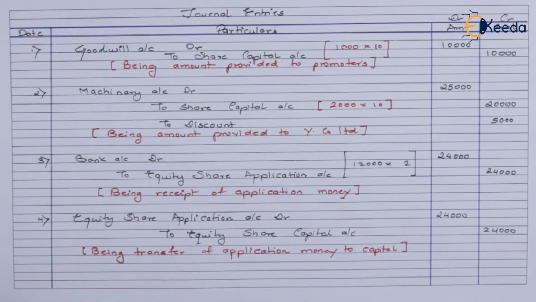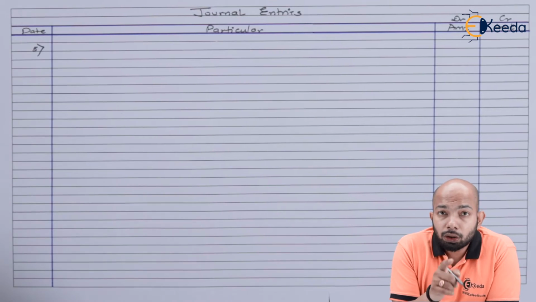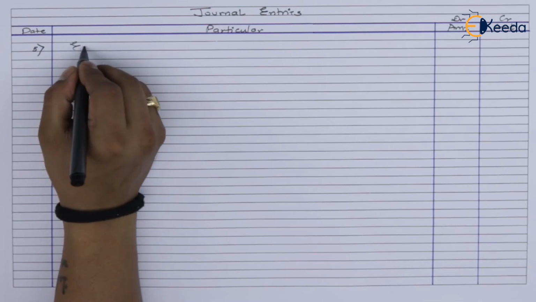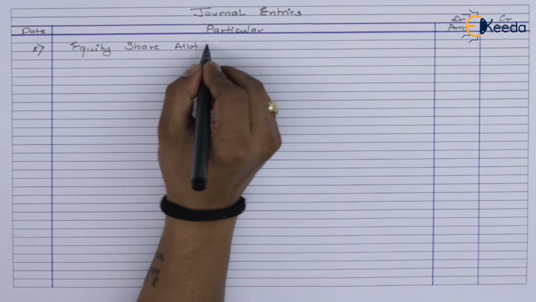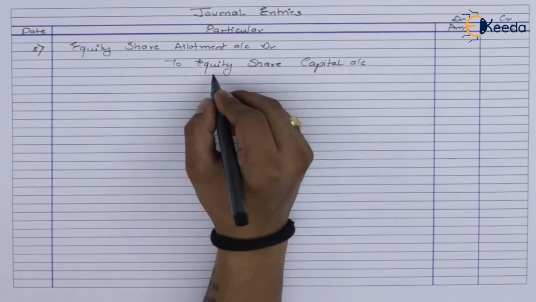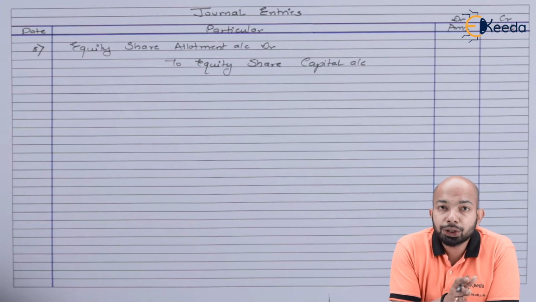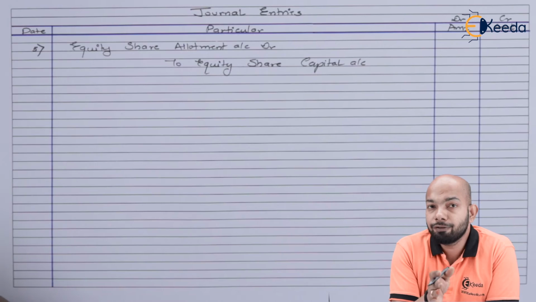Now, with these entries being passed here, the next entry that we have to prepare refers to the allotment due and allotment receipt. So the entry that we're going to pass right now is allotment due entry. An allotment was supposed to take around 4 rupees per share. That means 12,000 multiplied by 4 rupees.